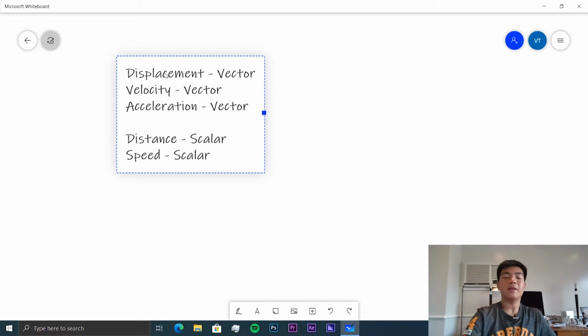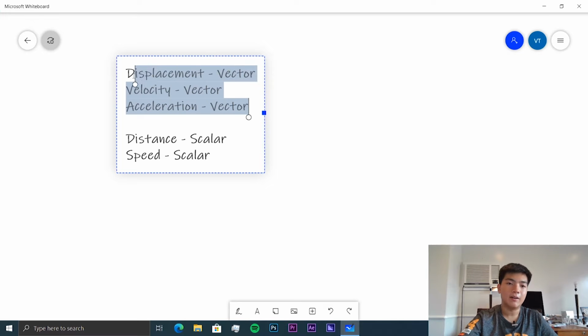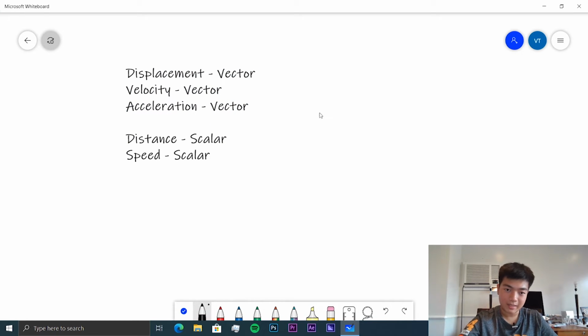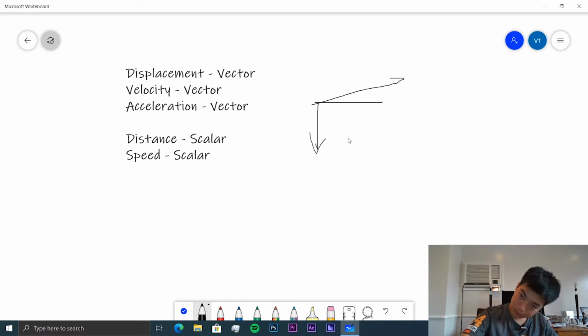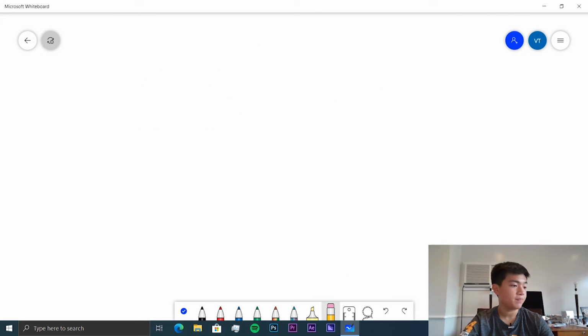Vector means that it has both a direction and a magnitude, just like we've covered in this chapter, and scalar means it only has a magnitude. With these vector quantities, often we're asked to, say, we have velocity in this direction, express it in terms of unit components, or stuff like that.